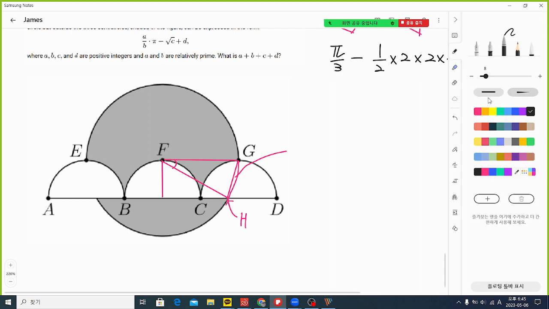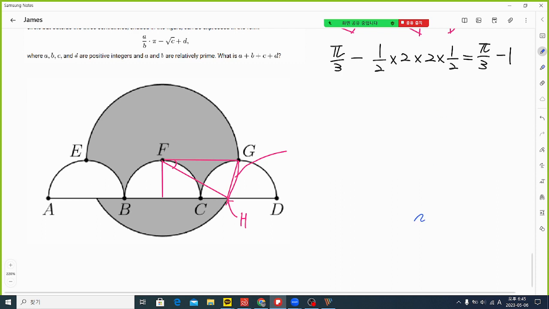And the next thing we want is we need to subtract this GCH because that's also white.